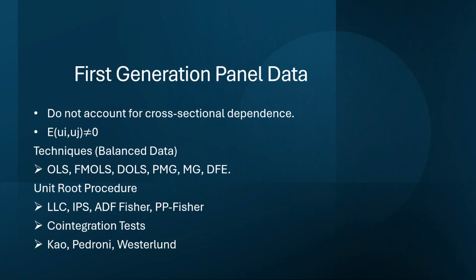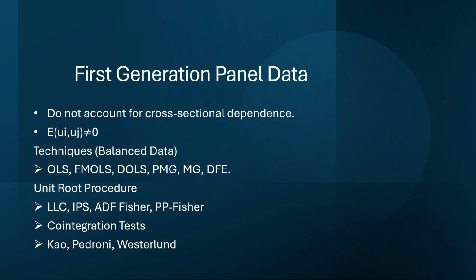A key cause of cross-sectional dependence can be shocks, shocks that affect countries across the board. For instance, the global financial crisis had effects and caused cross-sectional dependence because it affected the error term in a given country, which also affected the error term in another country.